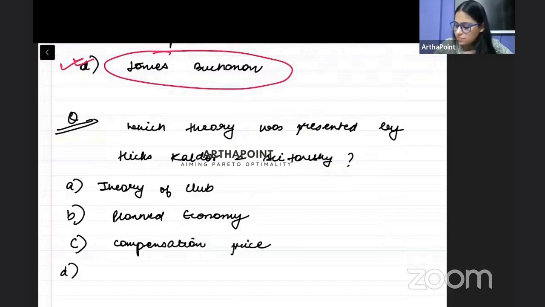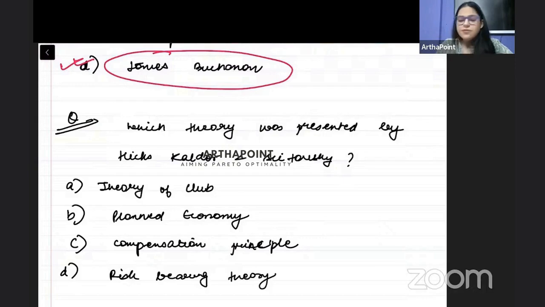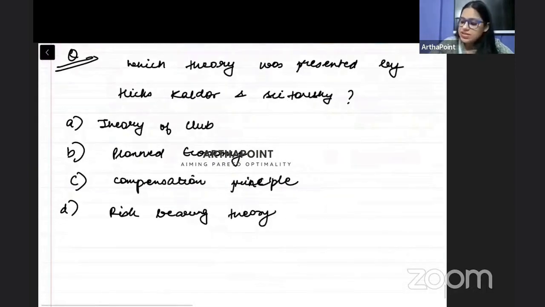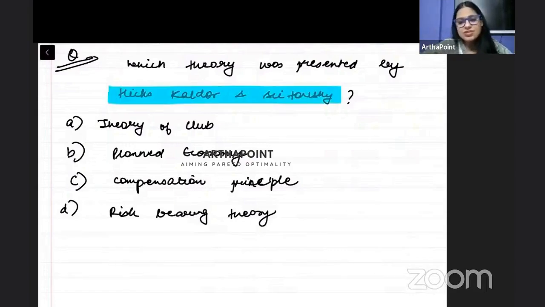Option number D, risk bearing theory. Which theory is presented by Hicks-Kaldor and Scitovsky? कौन सी इनमें से थ्योरी है जो Hicks-Kaldor Scitovsky ने दी है? Theory of club, planned economy, compensation principle और risk bearing theory.